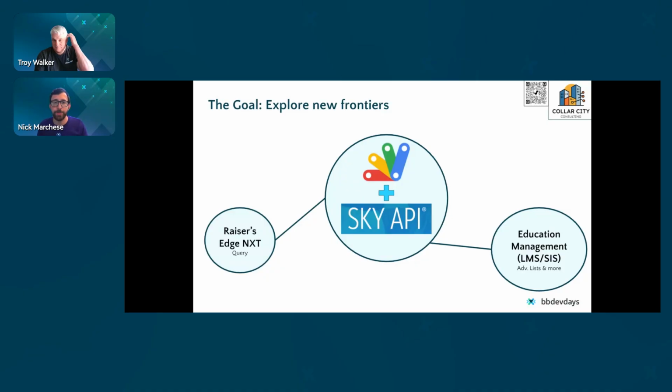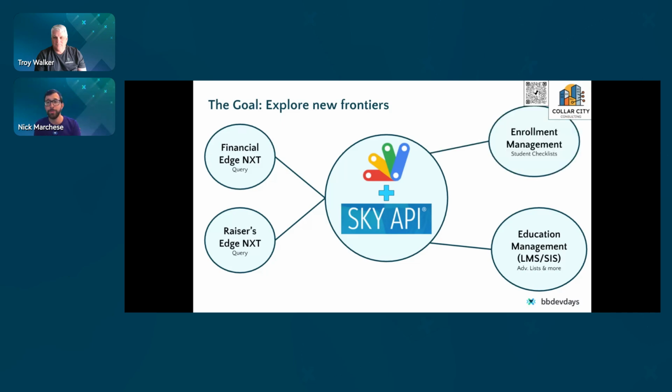So looking into Raiser's Edge and Financial Edge's query and enrollment management with student checklists, and then whatever is going to come next. There's lots of ways to connect with Sky API to automate your solutions, but these are some of the next steps and my goal to challenge myself to learn something new and try and serve others in different ways.